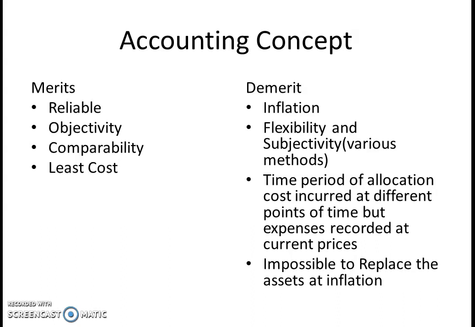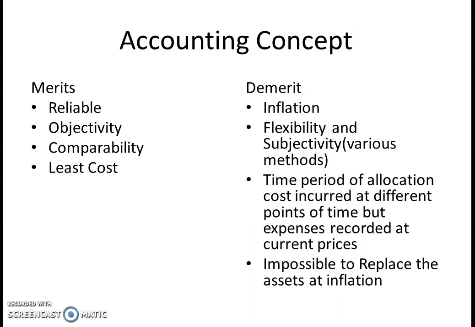For example, depreciation has two methods: I can do it in the written down value method or the straight line method. So when we compare one company to another, there are certain difficulties. That's therefore called flexibility and subjectivity.